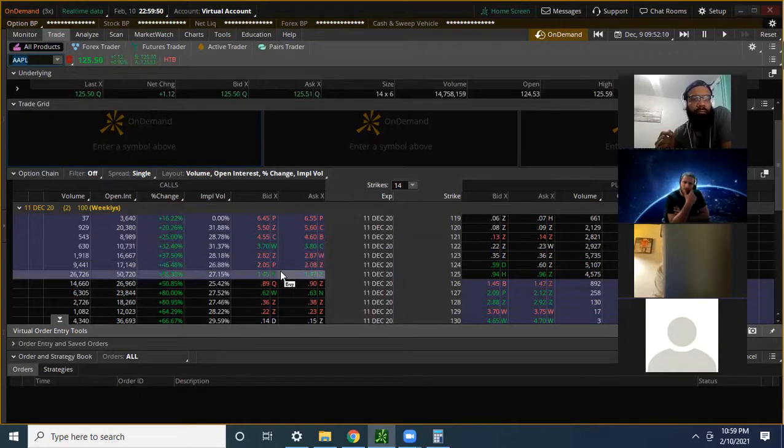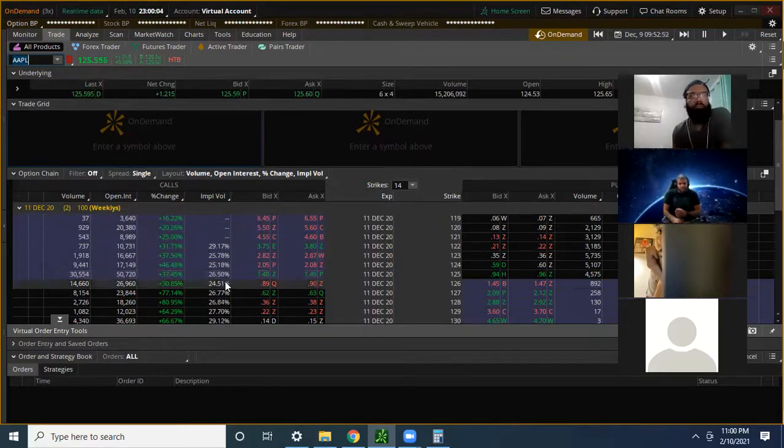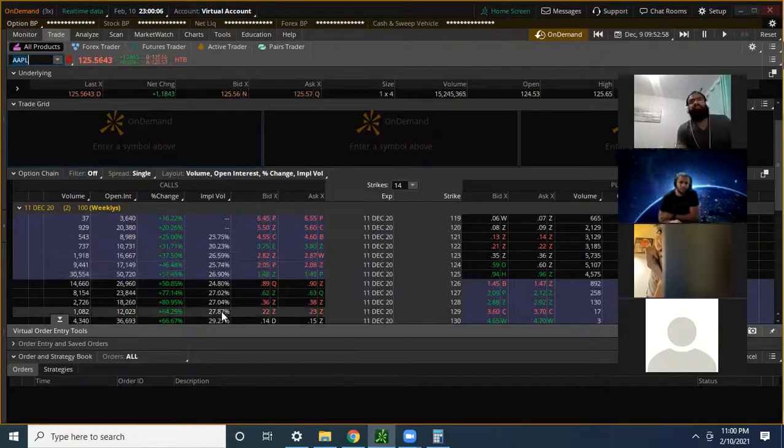So you want to see small spread, you want to see high open interest, and the implied volatility below 80%. Anything above 80% and you're being overcharged.